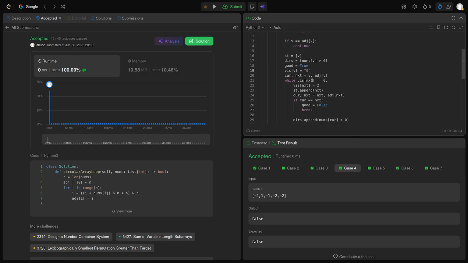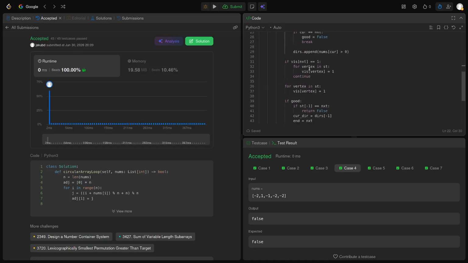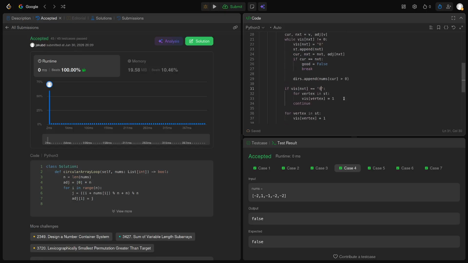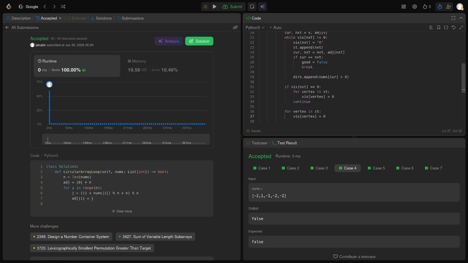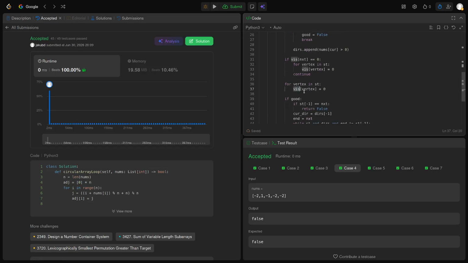And if it doesn't equal 0, then we process it. We set it to processing, and if it's set to this, no, if it's set to this, then we set it to that, right? Otherwise we set it to that. And actually we don't have visited, but we have nums.